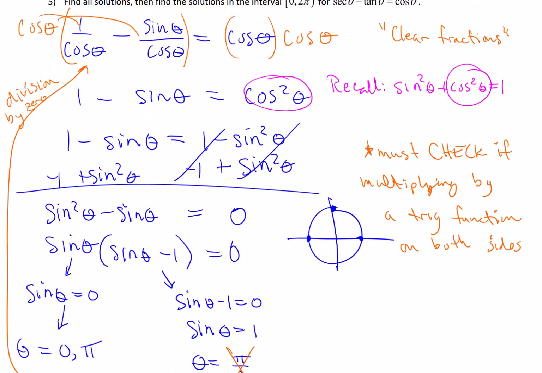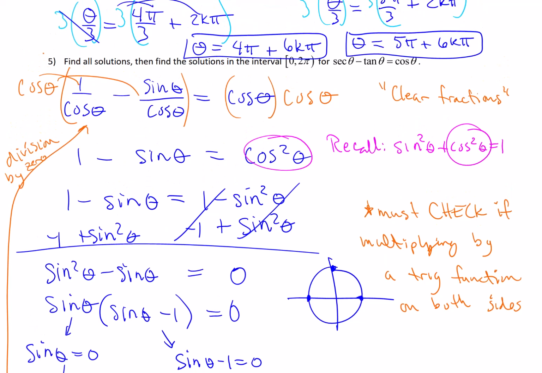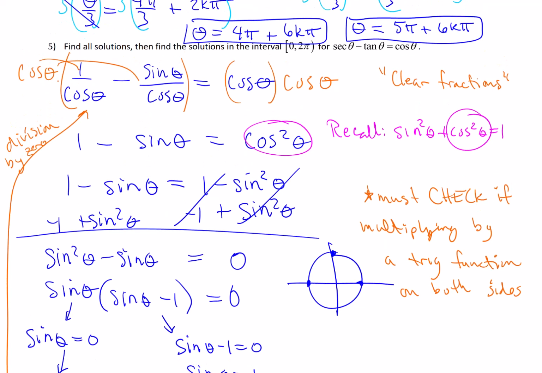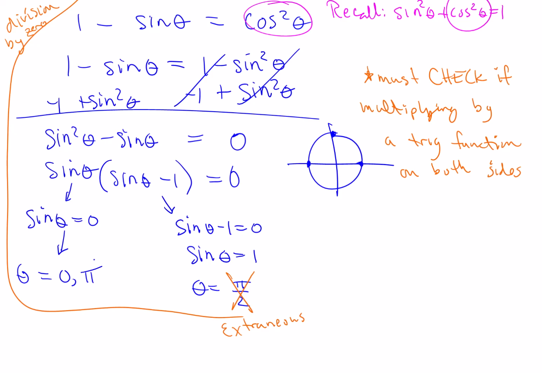Because you're dividing in the original equation, you really have a secant, which is 1 over cosine, but cosine of pi over 2 is 0, so that'd be 1 over 0. So because of that, we have to exclude it as extraneous. So we're showing our work for that check, which means the other solutions we got are where we want to stay, at 0 and pi.